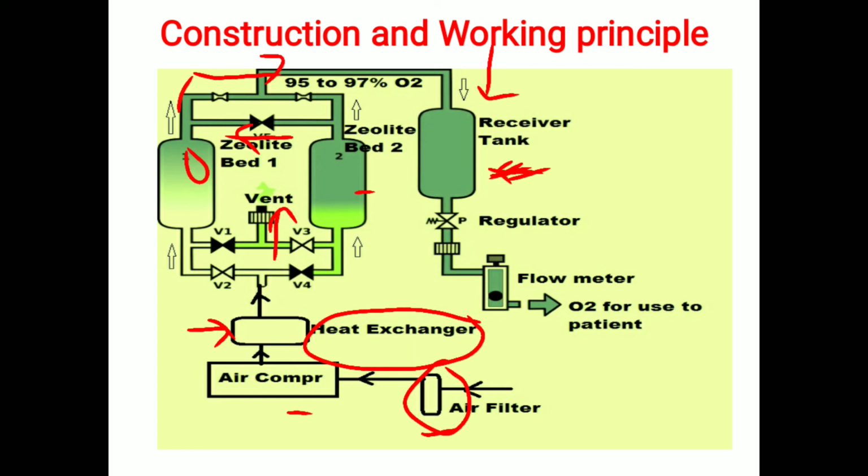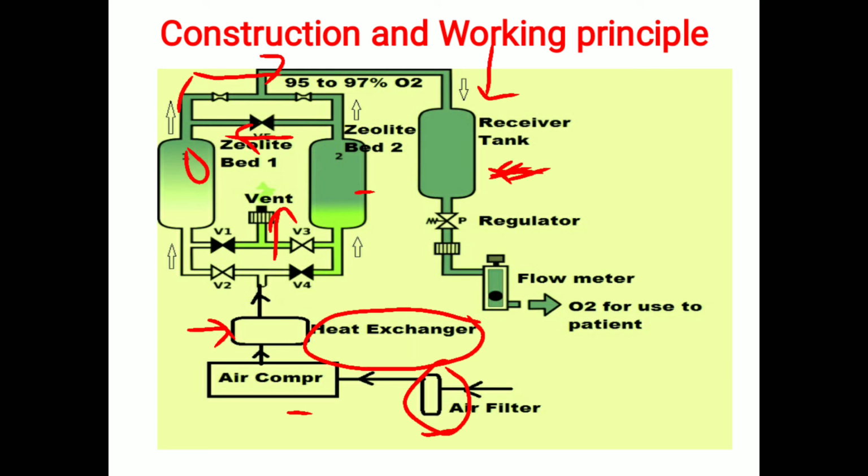In the same way, when this zeolite bed is completely saturated, the cycle switches to zeolite bed 1. Then zeolite bed 1 will generate oxygen, and zeolite bed 2 will again go for regeneration. In the same way, this oxygen concentrator is working.